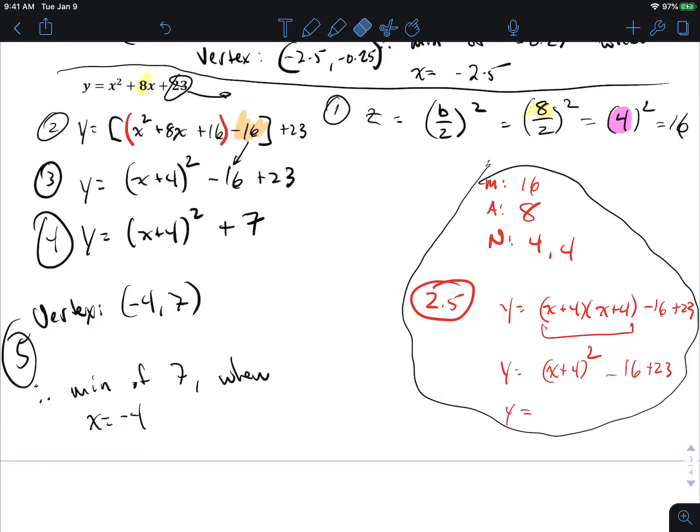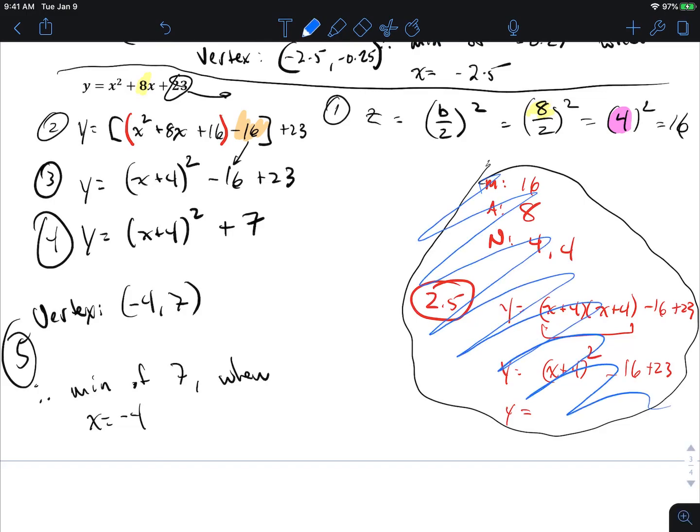This is me showing you the mechanics of what's happening, but you don't need the mechanics. You can just identify that this is the number that needs to come right here and square it. And then write the other 2 that you've got left. Okay? So why don't you try a couple on your own?